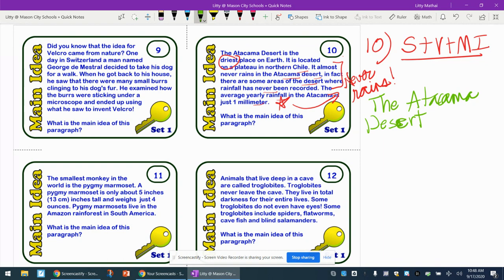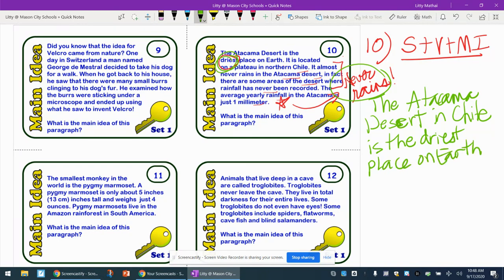So the Atacama Desert, I think that it's the driest place on earth and that it never rains are two big ideas that I'm noticing. The Atacama Desert in Chile, I'm going to add that it's in Chile just so that we know where it is. That's important. In Chile is the driest place on earth.